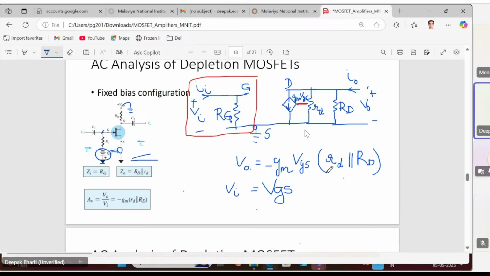You will get gain as minus GM times small rd parallel capital RD. So this becomes the gain. So we have determined three important parameters here, like what? The Zi, the input impedance, Z0, the output impedance, and the gain.